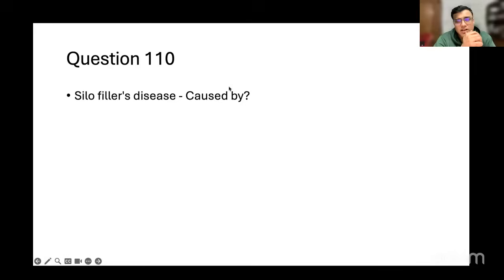Somebody had given a question that there was a Silofar disease or something. I wasn't very sure. I think it was Silo-filler's disease. So there are these big silos where they store grains and all the produce which have come from farming.